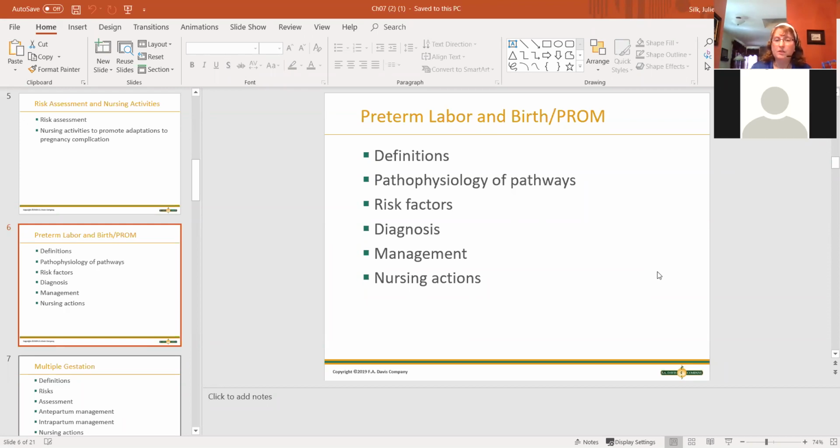All right, when it talks about risk factors of preterm labor and birth, there are 3 that are the most common, but there are other things that can affect this as well. The 3 most common ones would be prior preterm birth, multiple gestation, and uterine and cervical abnormalities.